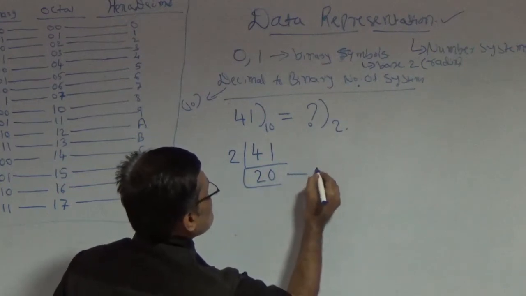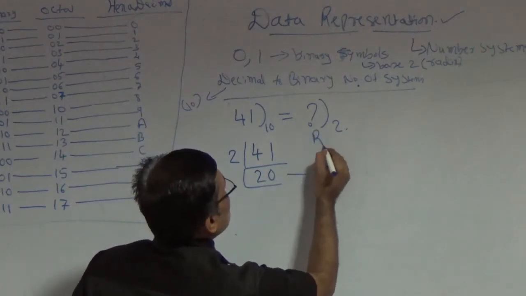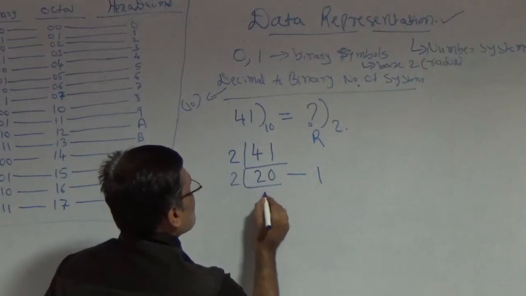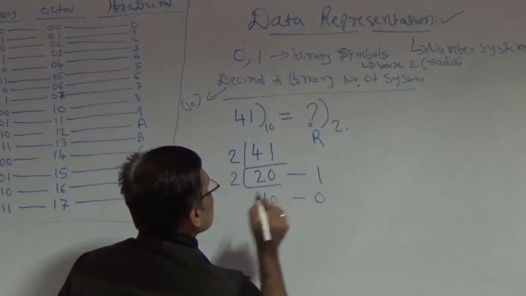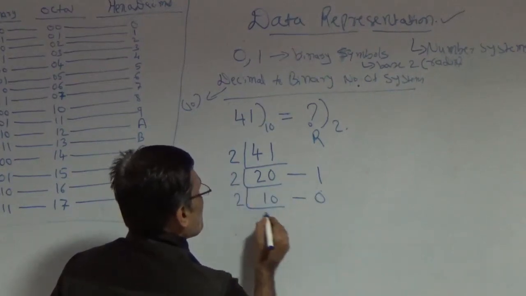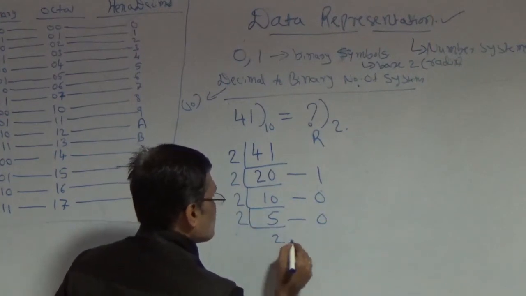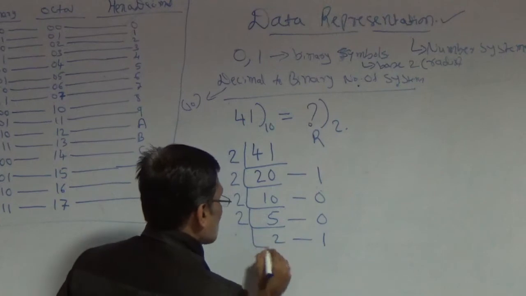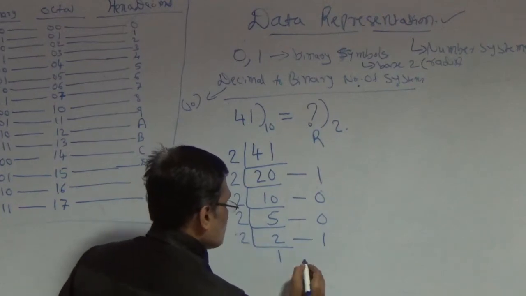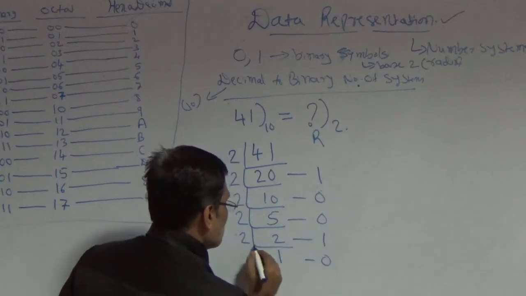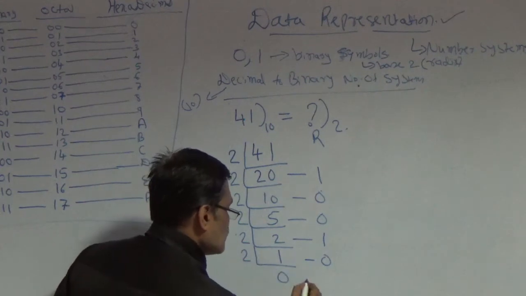In this case, the remainder generated is 1. Then the remainder is 0. Finally, 0, 1.